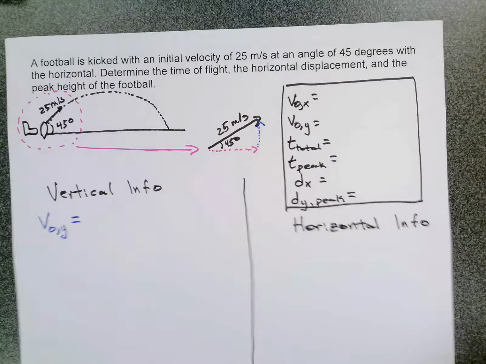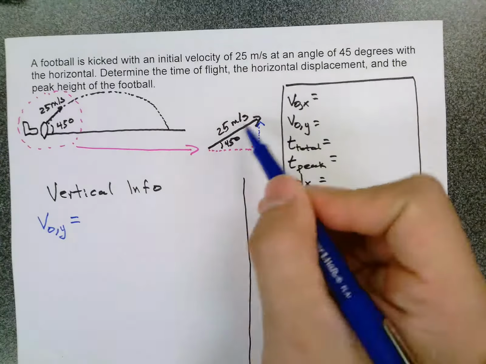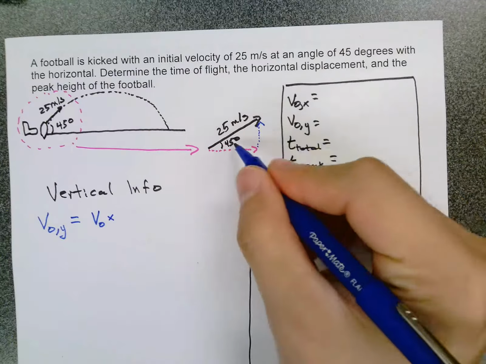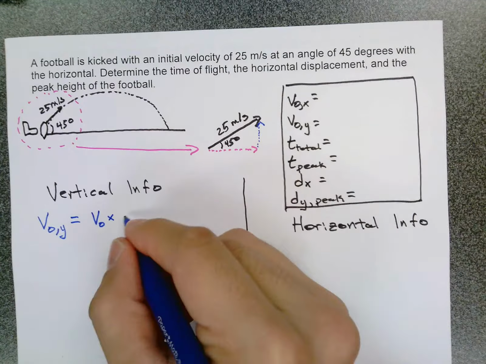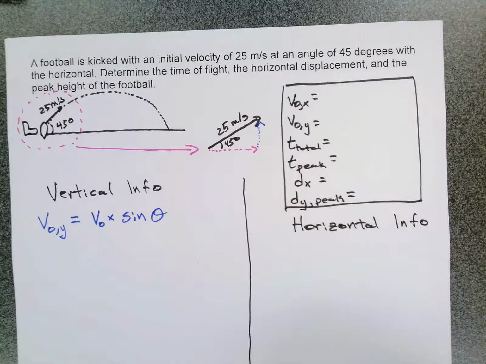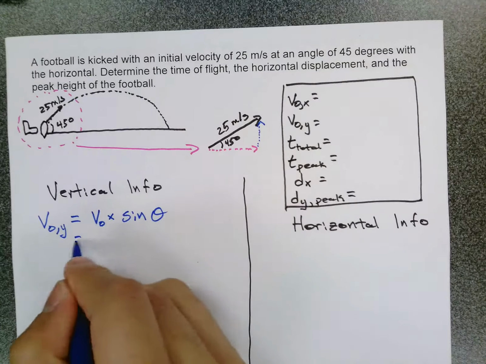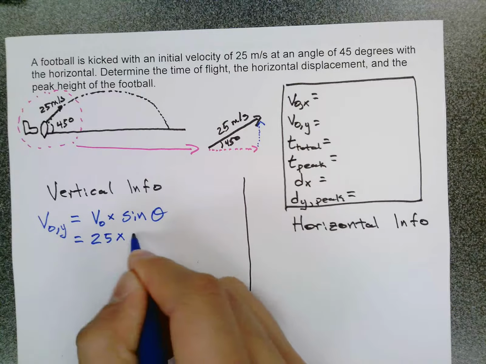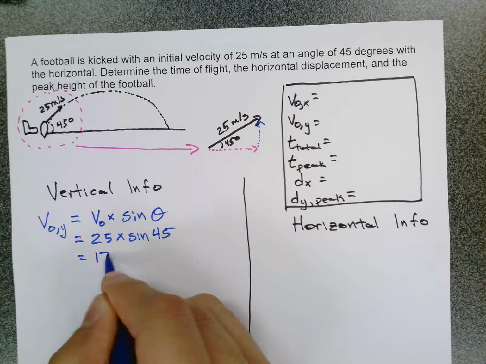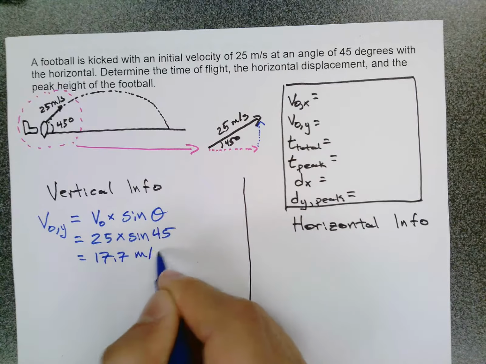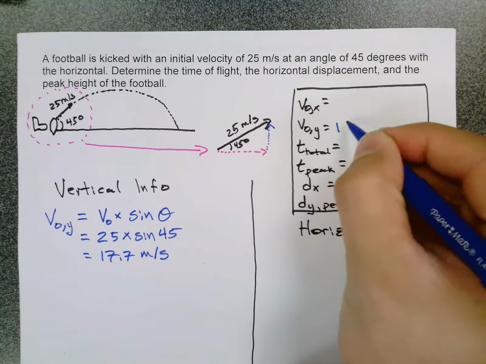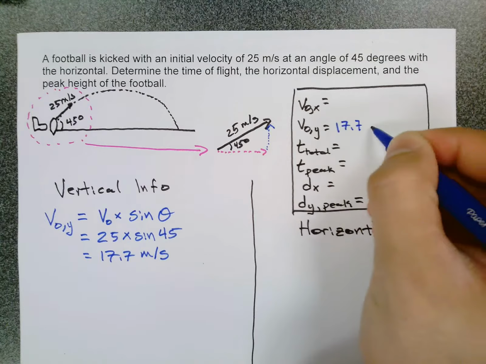The equation for that is to take the original velocity of 25 meters per second, multiply it by, since the vertical is opposite, the sine of theta. I'll plug everything in. That equals 25 times sine 45. That should give us 17.7 meters per second. And I'll just go ahead and put that in here for initial velocity in the y direction.